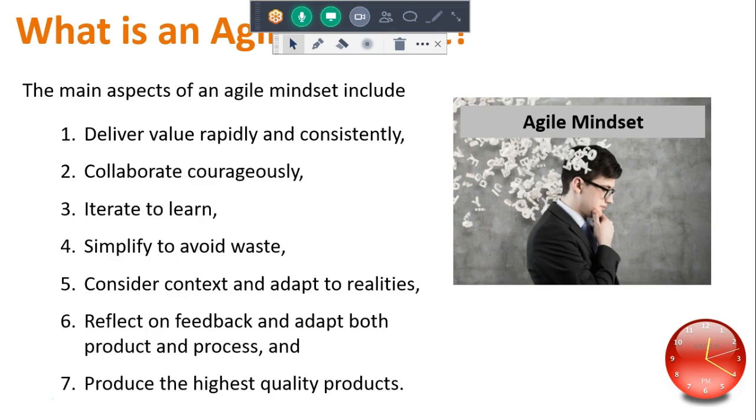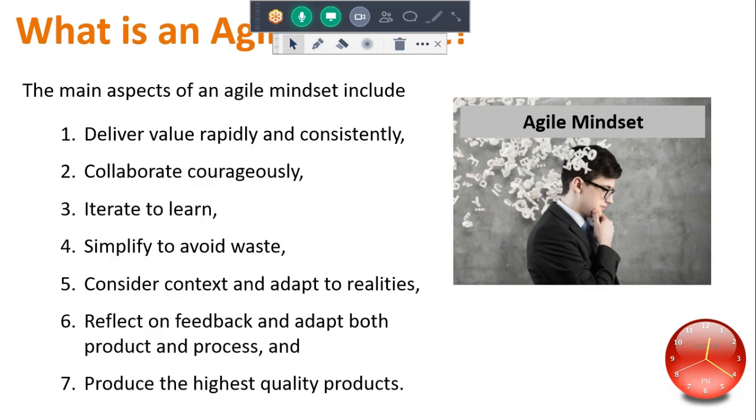Simple statements on the agile mindset. These are again things that are core and key to certainly this course and to the agile certification. So you really need to embrace these aspects and understand that they are going to apply to everything that you do. Okay?